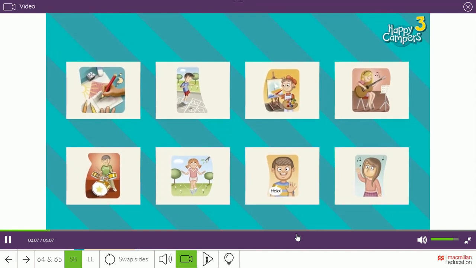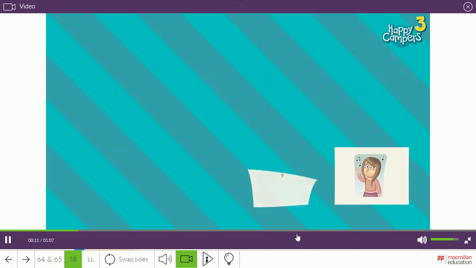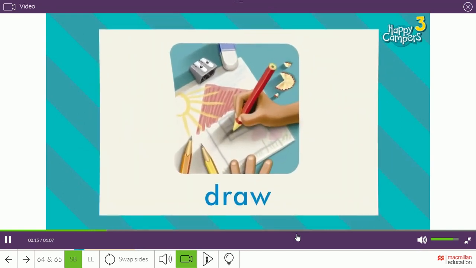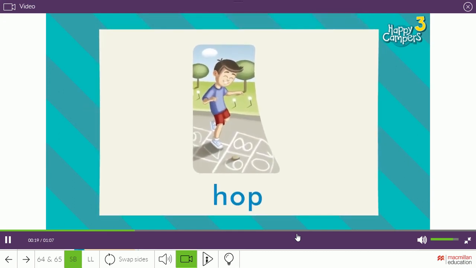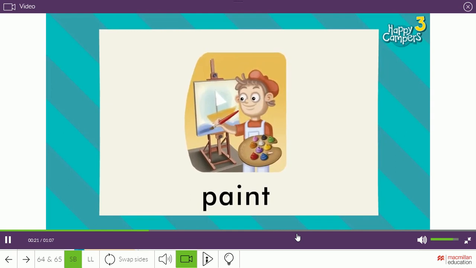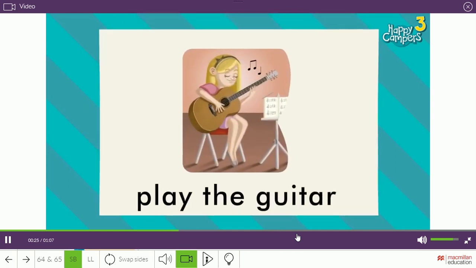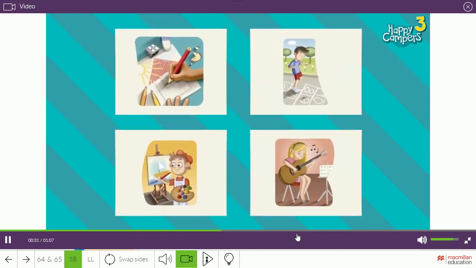Vocabulary, vocabulary, vocabulary, very. Draw, hop, paint, play the guitar, vocabulary, vocabulary, very.